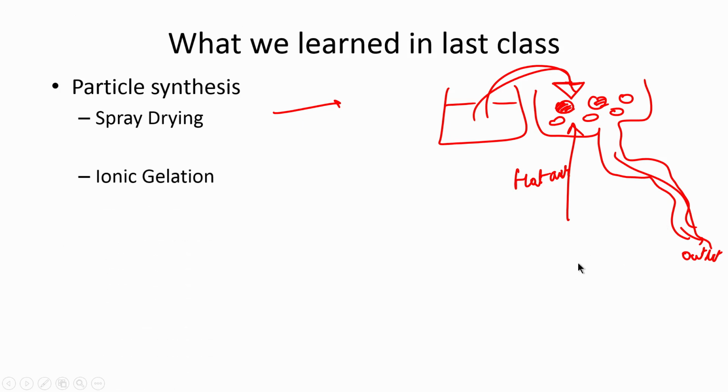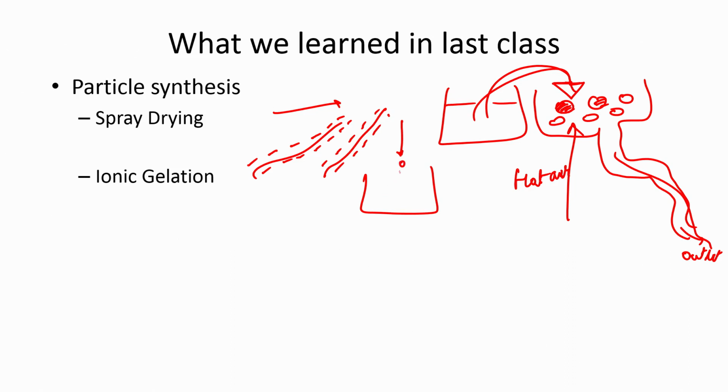Then we talked about ionic gelation, which is typically used for hydrogel. So, you have polymers which are highly anionic and contain lots and lots of anion charge, and then what you do is you put them through a nozzle, and these droplets you drop into calcium or other barium divalent ions.